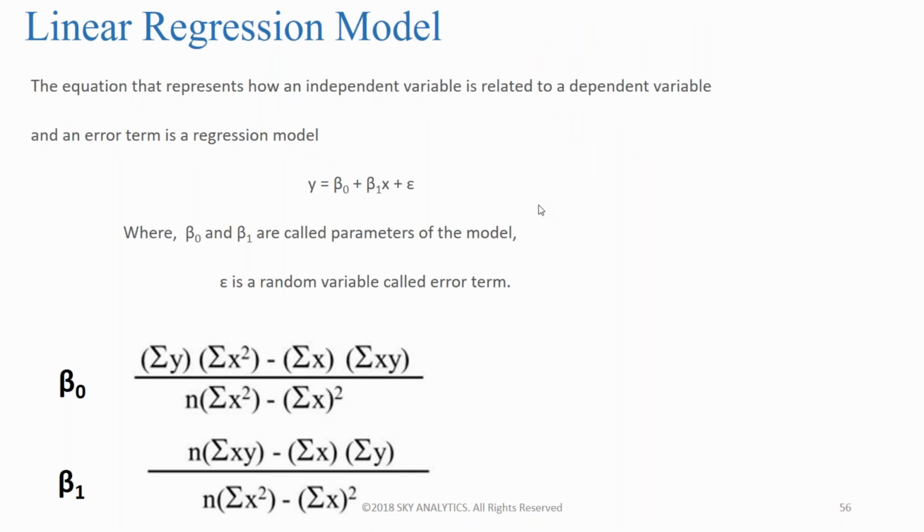Now, coming to the equation: Y is equal to beta naught plus beta 1 x plus epsilon. This beta naught is nothing but your intercept.